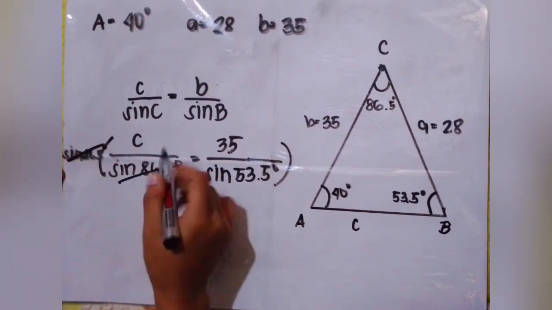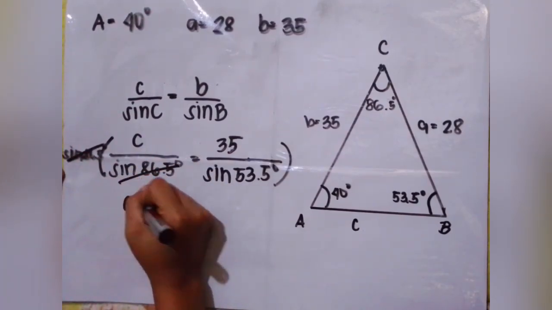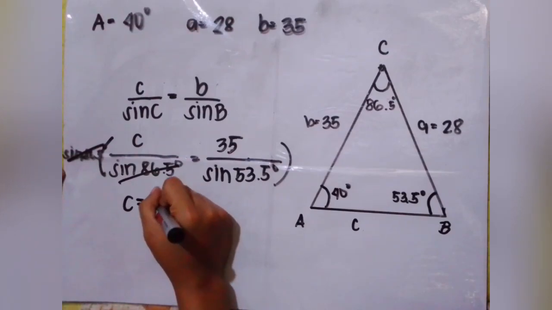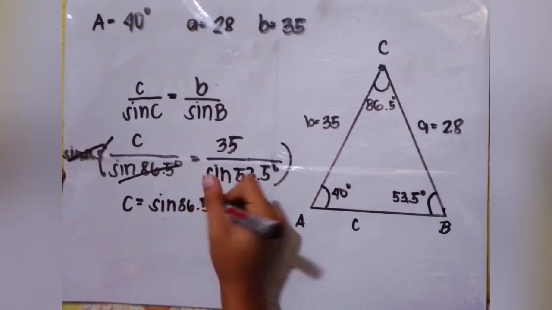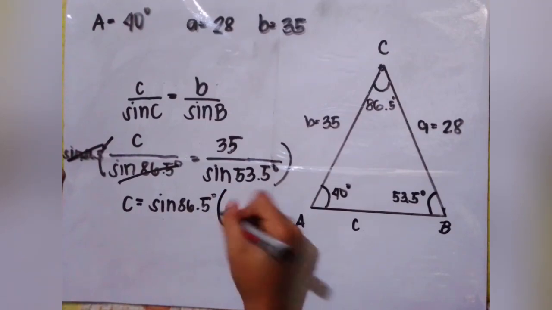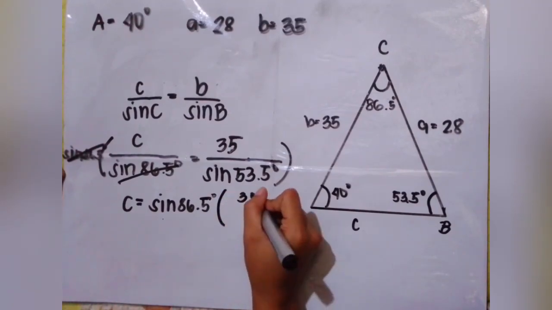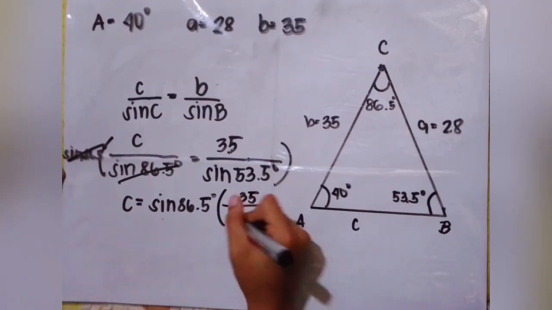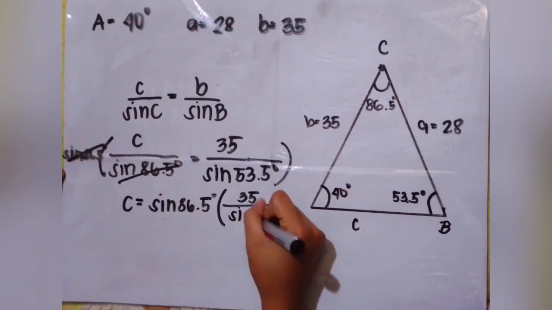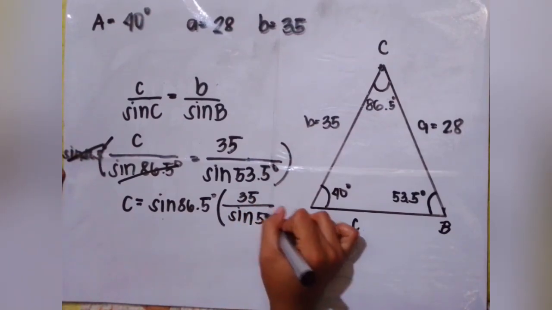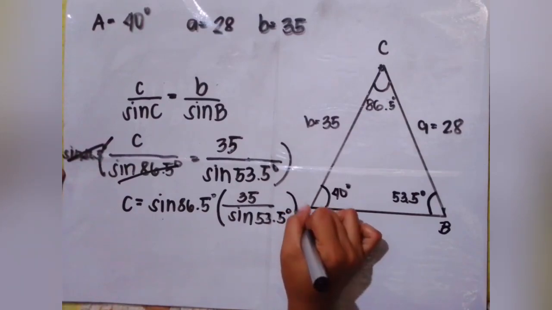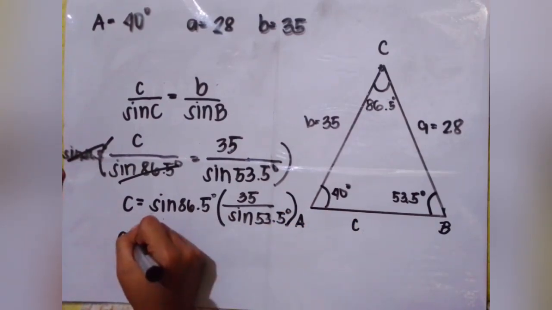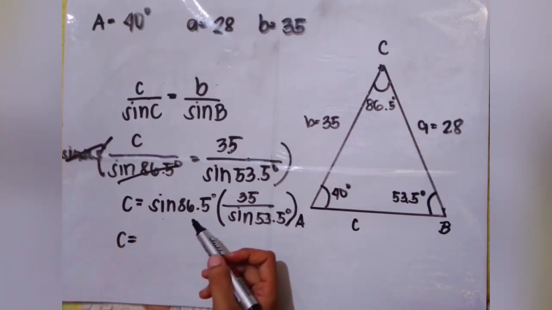Then cancel. Side C is equal to sine 86.5 degrees times 35 over sine 53.5 degrees.